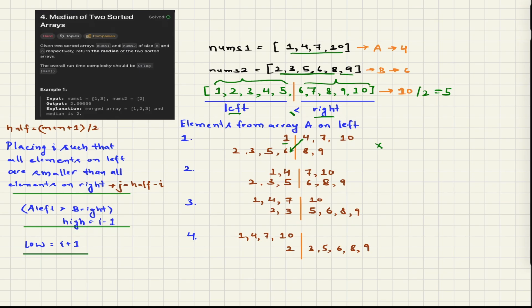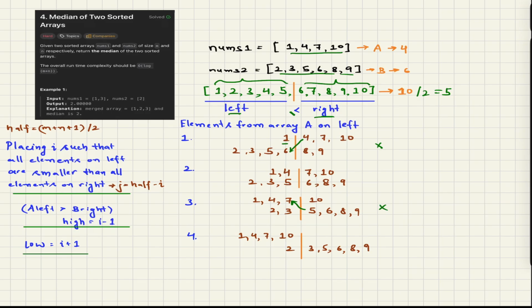If I take 3 elements from array A and 2 from array B, my 7 is again greater than 5, again not valid.